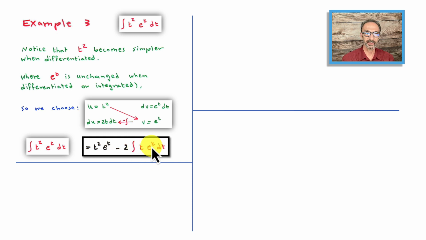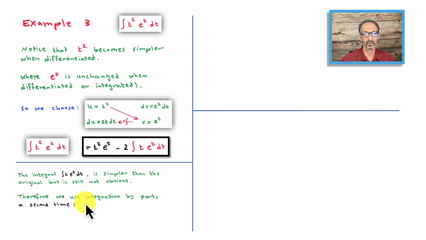Now this part here is in red. We're not done. So we need to work on this one and find the integration of this. We're going to do it again by parts. The integral of t e to the t dt is simpler than the first one. So we have some accomplishment, but it's still not obvious.